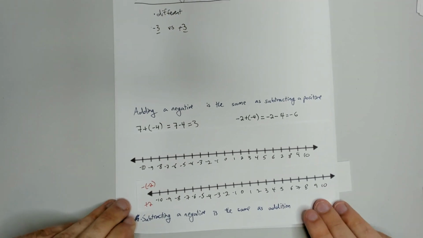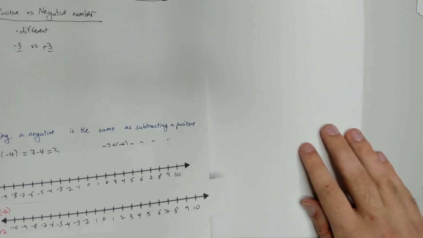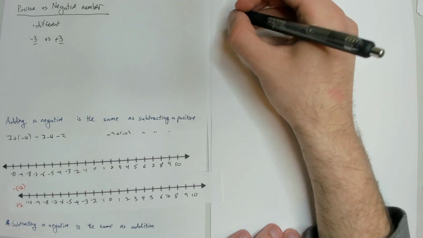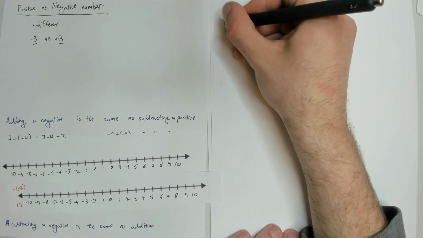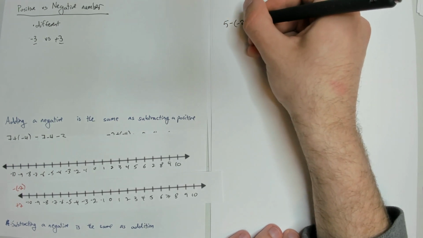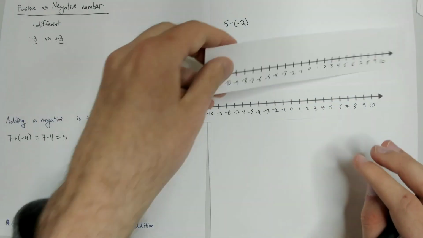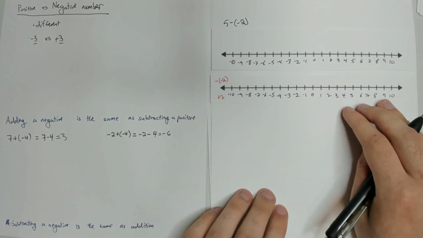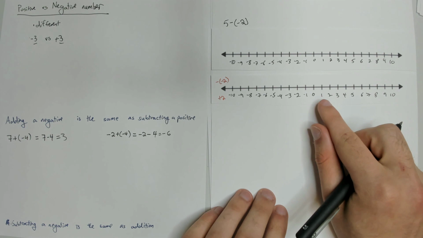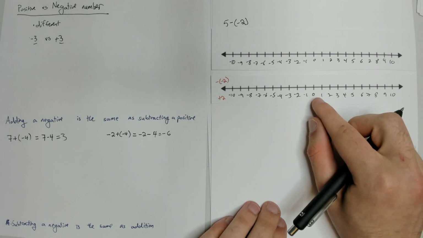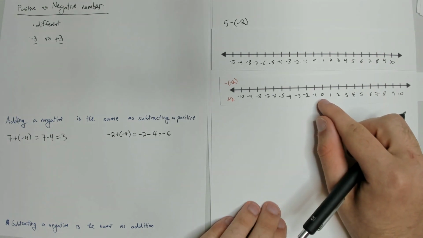So let's try some examples to illustrate that more clearly. If I did 5 minus negative 2, I'll take my number lines over here again. Subtracting a negative is the same thing as adding, so we're adding 2. 1, 2, right?